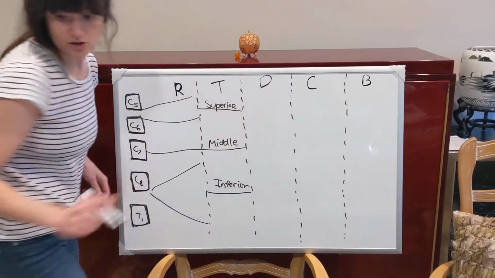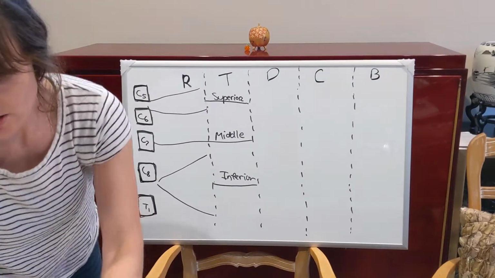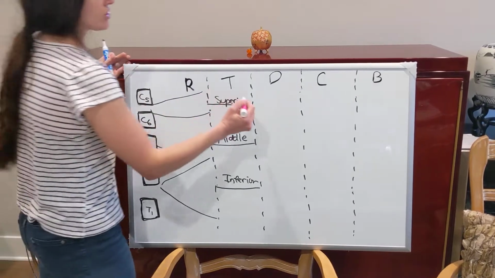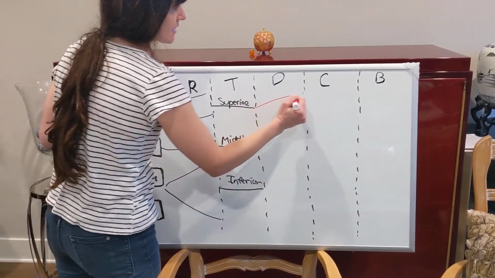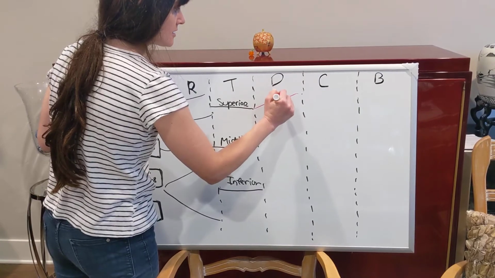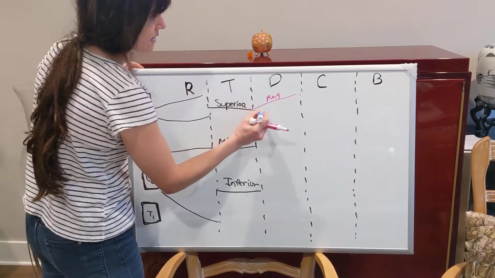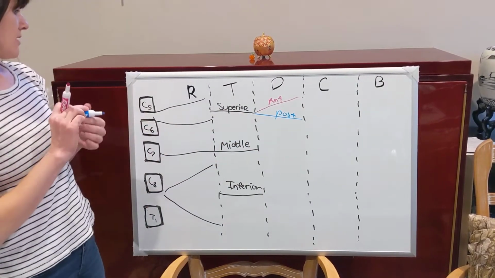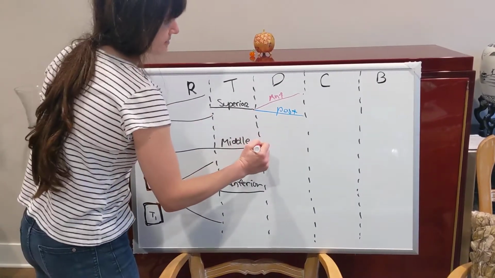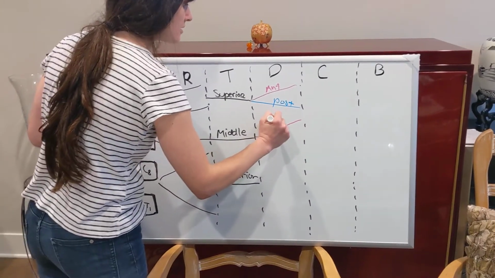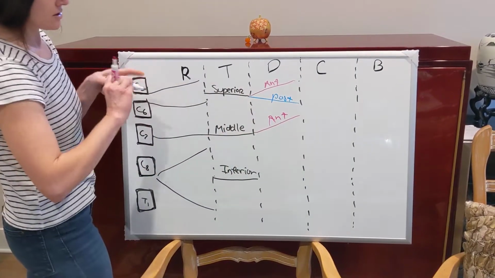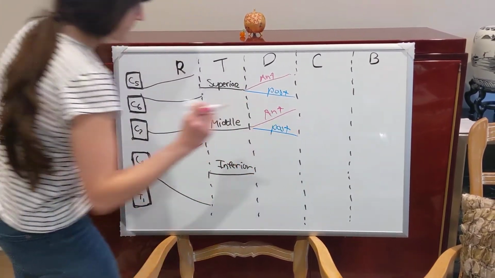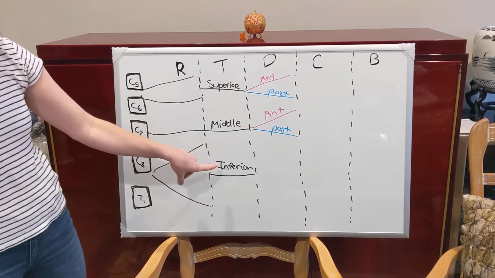So the superior trunk, actually let's use a different color here. The superior trunk forms the anterior division, and then the posterior division, and then same thing with the middle trunk, forms the anterior division, and then the posterior division, and then the same thing for the inferior trunk.